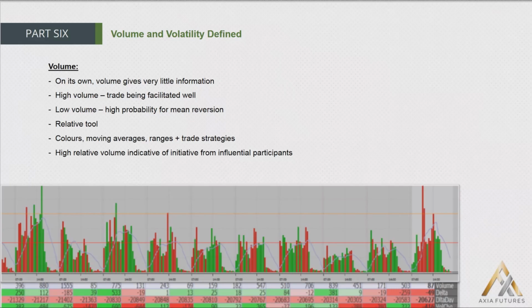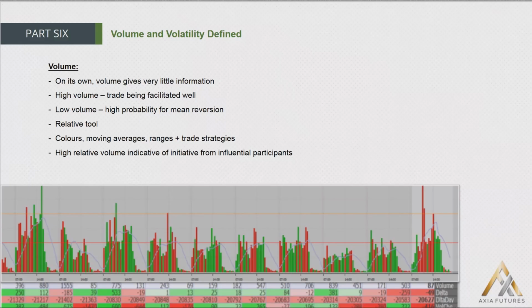Then, some of the things I would use volume for and pay attention to: as you can see in the example provided, I've got two colors there. I've got a red line and an orange line on the volume bars. That for me is showing what is relatively high or relatively low volume based on a previous number of sessions. And I identify that because it's easy for me to then see when all of a sudden there's a high amount of volume or new business coming into the market. Equally, I have moving averages on the volume, so I can see how, on average, the volume is changing, and I can see if there's a sudden relative shift in volume.